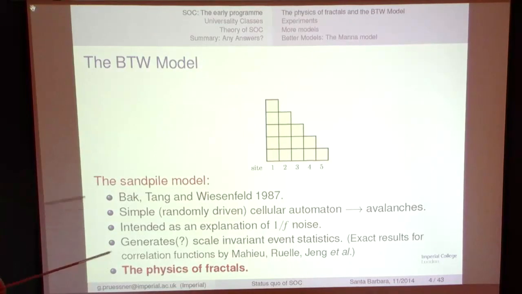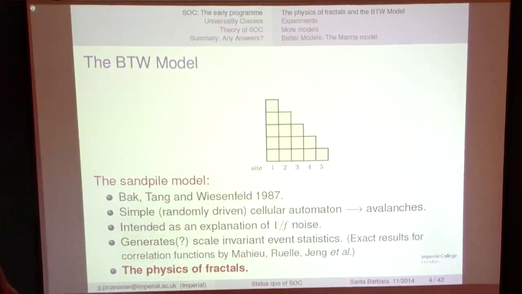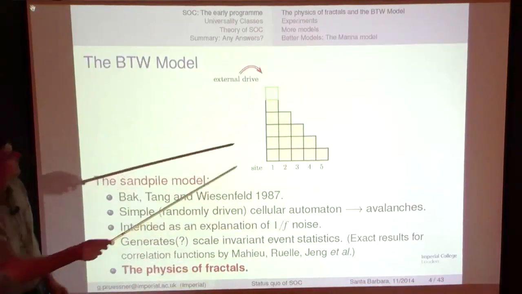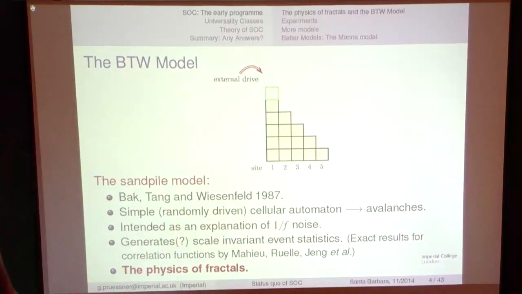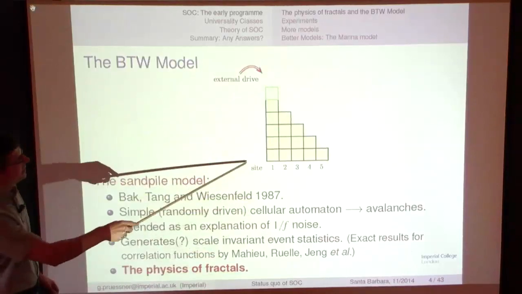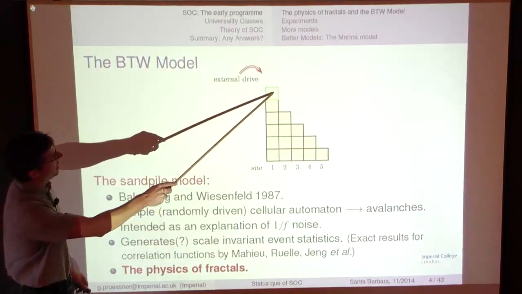So a typical model has a discrete number of particles on sites. And there's an external driving that adds a particle. And typically, if something like the slope, which is the height difference between two consecutive sites, exceeds a certain threshold, then something happens that's called a toppling. So there's a redistribution of particles. In this particular representation, it means that particles start going down this slope here.